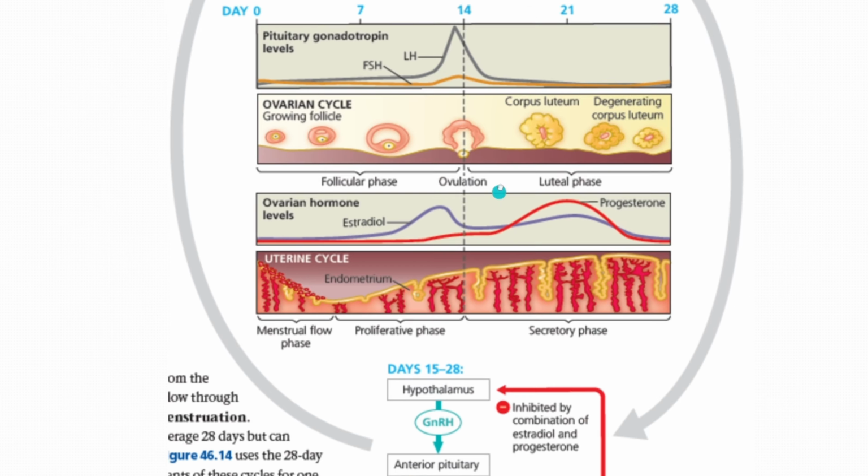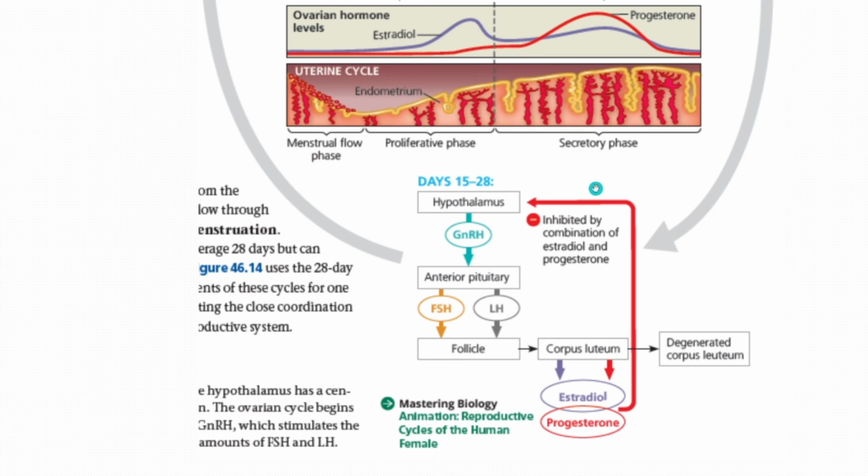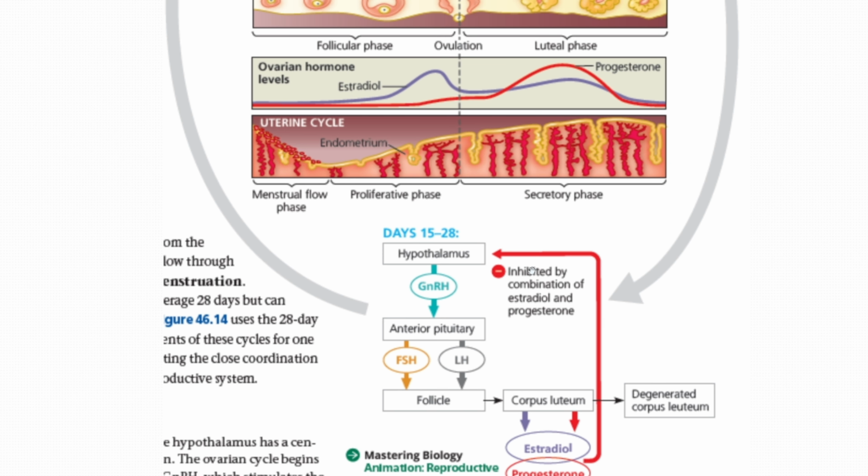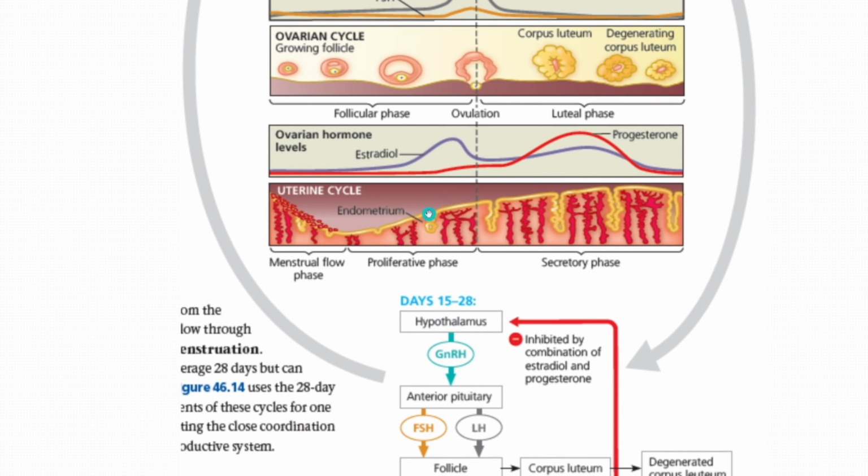After that, what happens is that after ovulation, estrogen will be secreted by the follicle, and estrogen will stimulate the repair and the growth of the endometrium wall. So this is the initial stage. What is the function of the estrogen? Why does estrogen need to be very high? It plays the role in initiating the development of the endometrium wall.